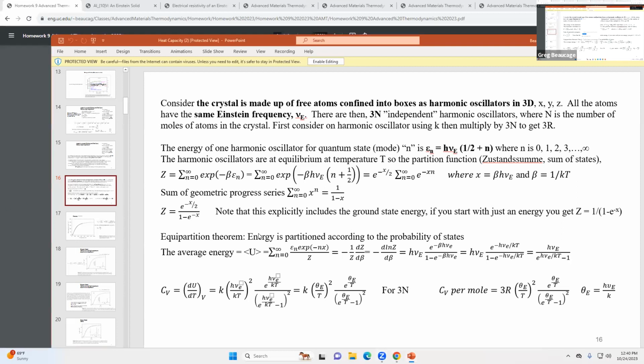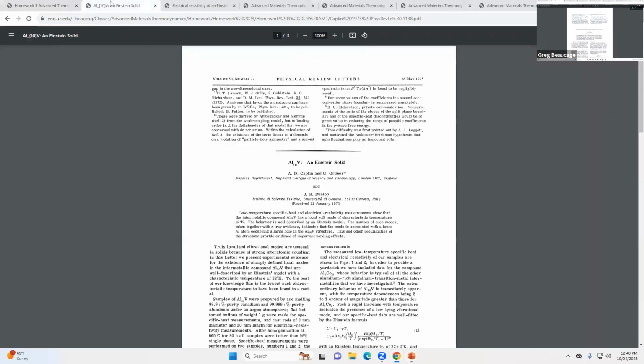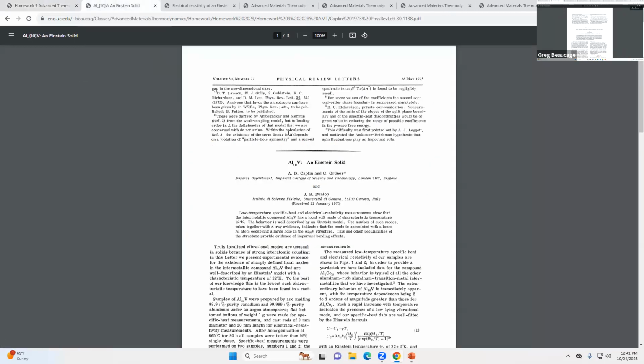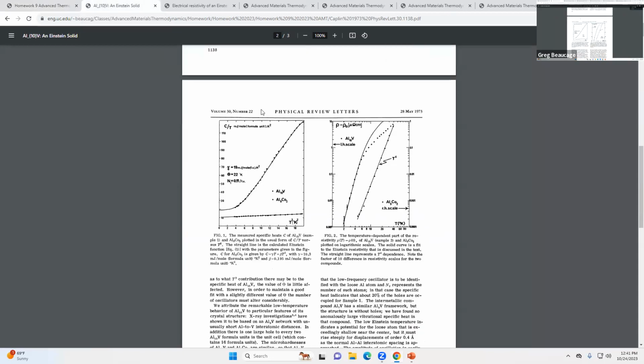All right, so anyway, I haven't finished grading these things, but let's see. So yeah, derived Kaplans is kind of what I was just talking about too. At low temperature, it has this strange dependence, like exponential over t, and it differs from the Debye. The Debye has t cubed, which he shows in this plot.